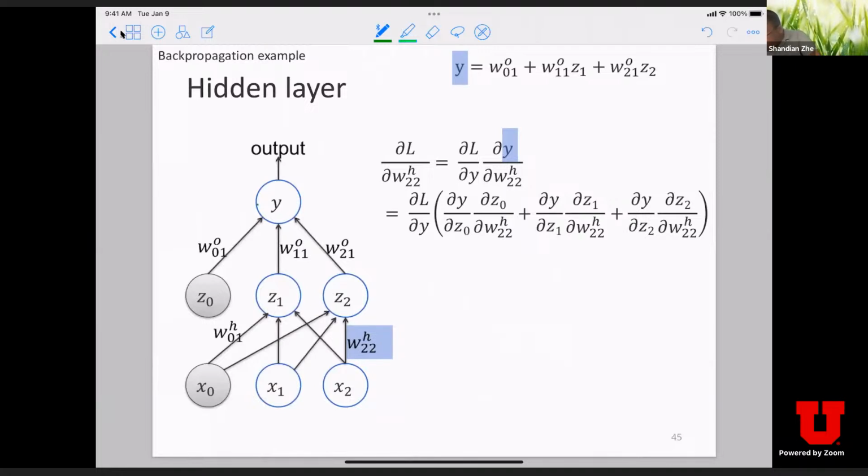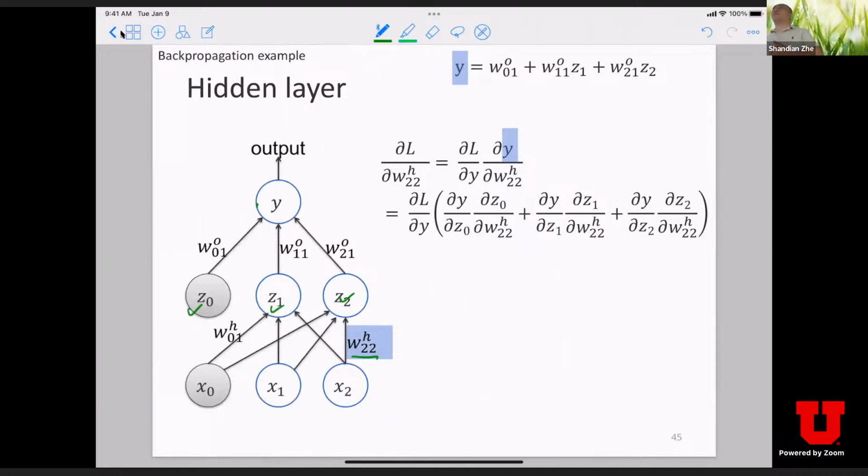From this neural network graph, the function dependencies are already shown. If we want to compute partial Y over partial W22H, we know that Y is a direct function of Z0, Z1, and Z2.